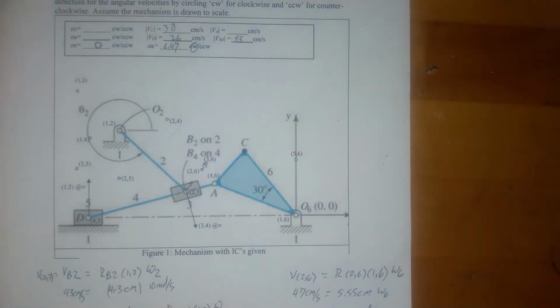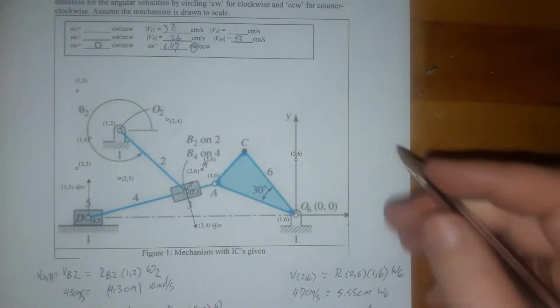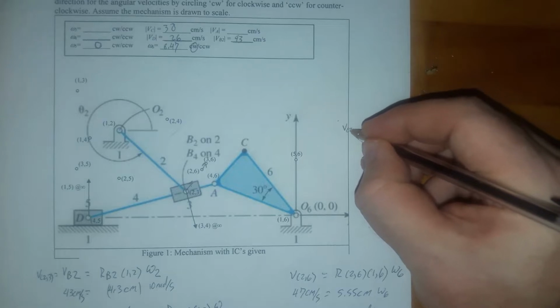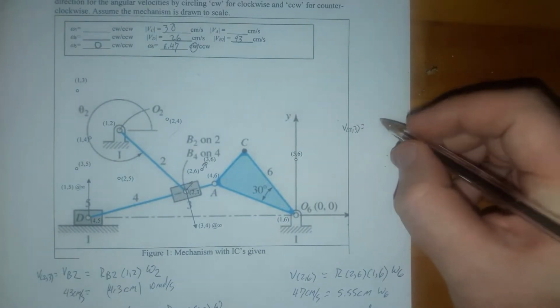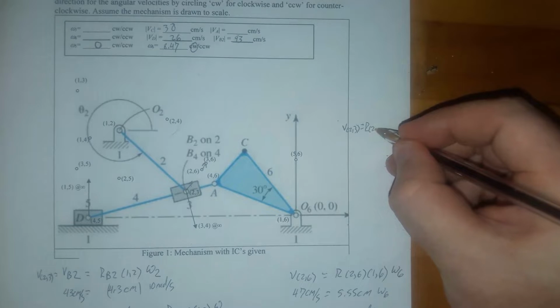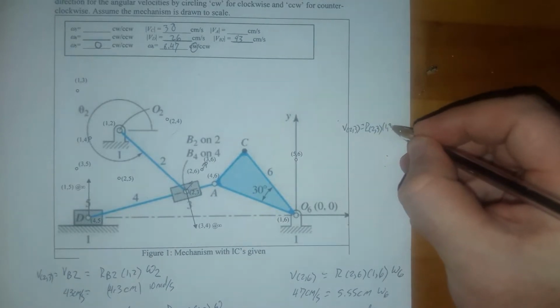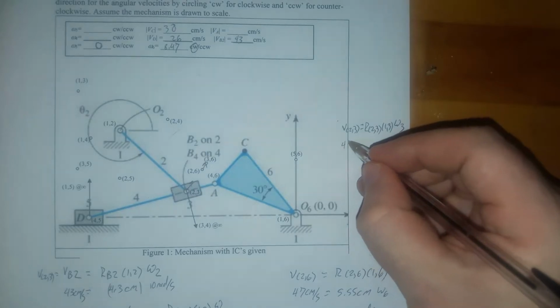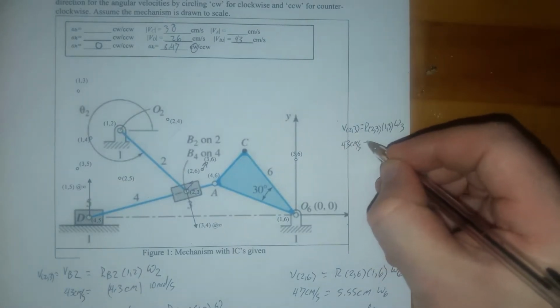I can think of 2,3 as a point on link 3, and that will give me V23 is equal to R23/13 times omega 3. I know V23, that was 43 centimeters per second.